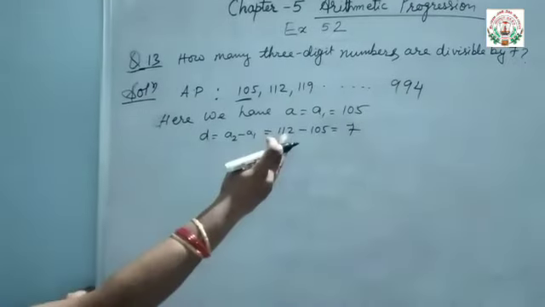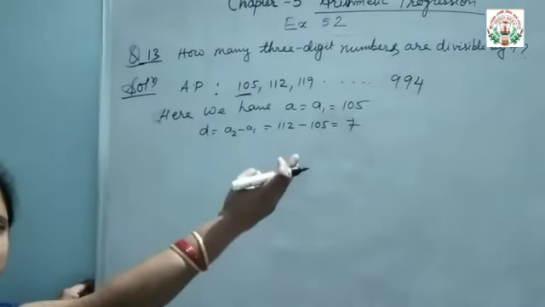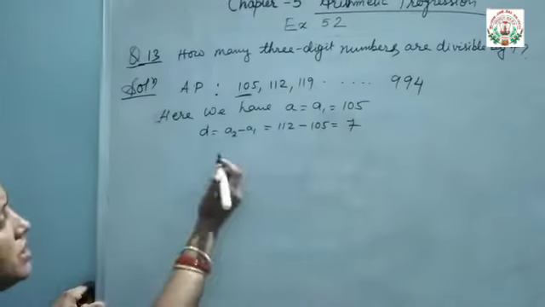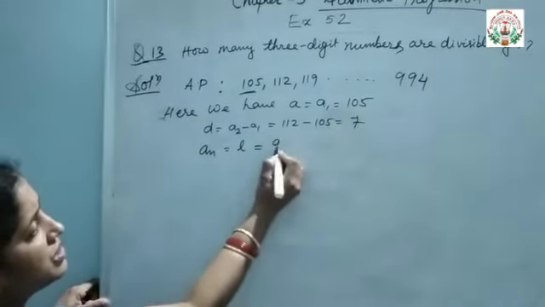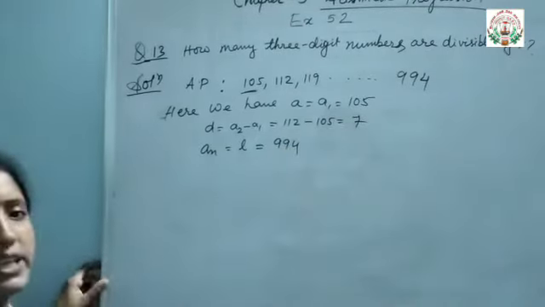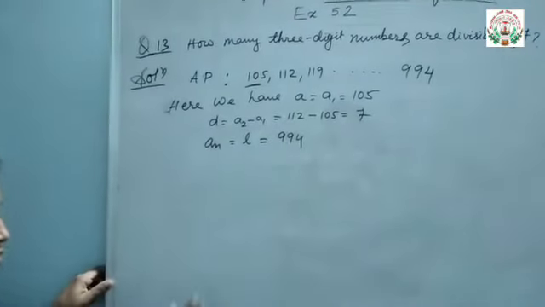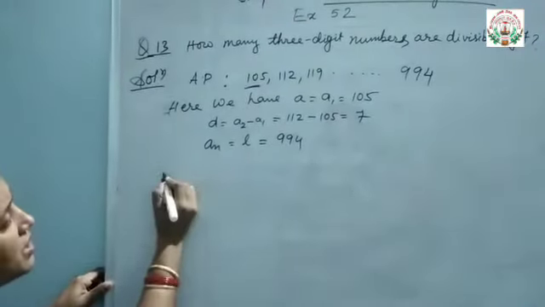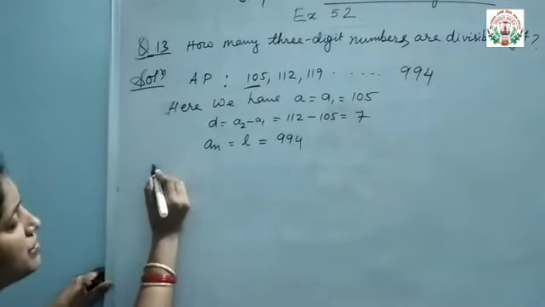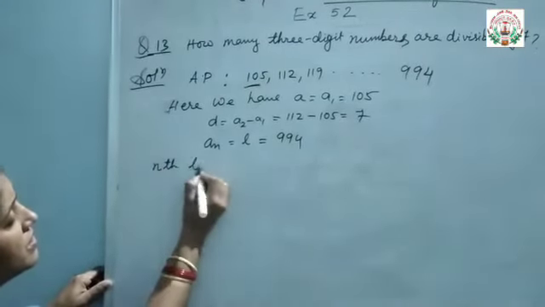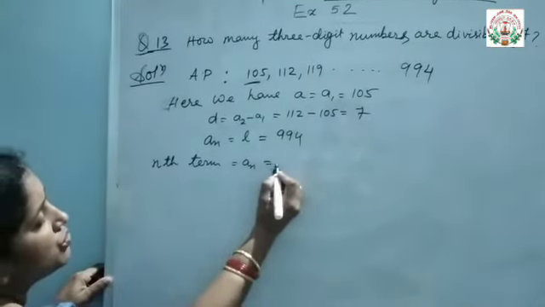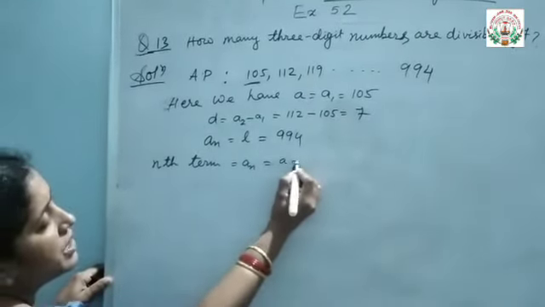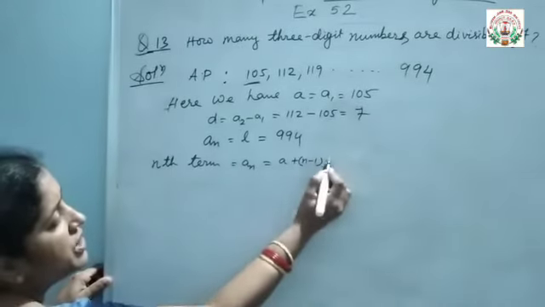For the common difference, we know it is divisible by 7, so 7 will be the common difference. And an, the last term, equals 994. Now use the nth term formula: an equals a plus n minus 1 into d.